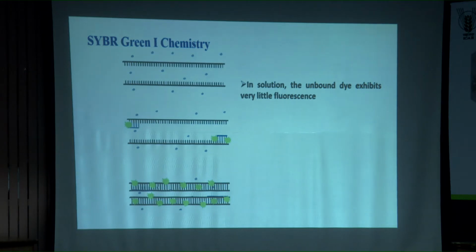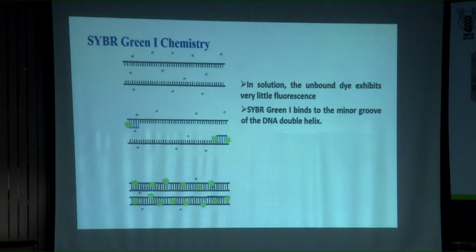That is a unique trait of this particular SYBR Green. Is it clear? So that means the intercalated dye in double-stranded DNA is going to give you far better fluorescence than the unbound dye, which is freely floating along with other components in the PCR. Right? So every passing cycle, the double-stranded DNA is going to capture this SYBR Green into the minor grooves. Right? So every newly formed amplicon is going to be embedded with SYBR Green.